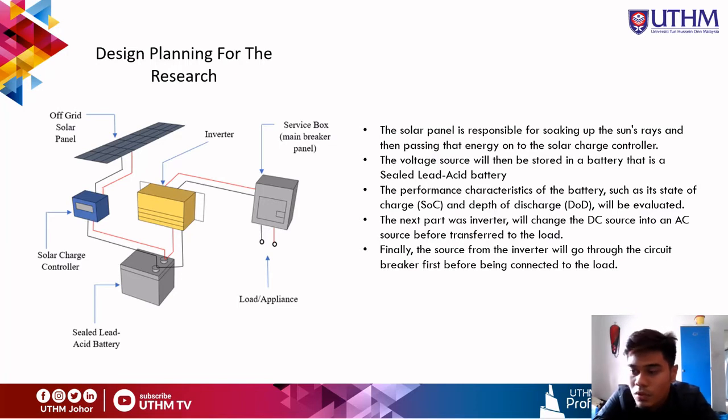To take safety precaution, the source from the inverter will go through the circuit breaker first before being connected to the load. This is one of the safety precautions in the circuit, according to the specification of the circuit breaker and load. Without appropriate specifications, it can cause load damage such as overcurrent.